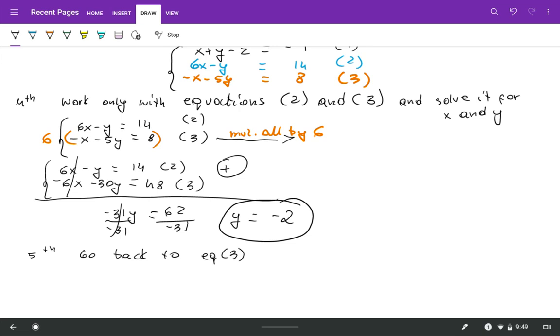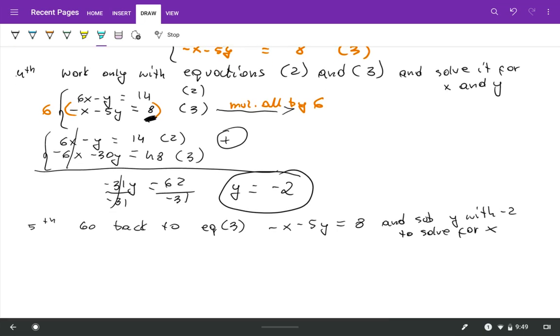Again, this one, the original one. -x minus 5y equal 8. And substitute y with -2 to solve for x.